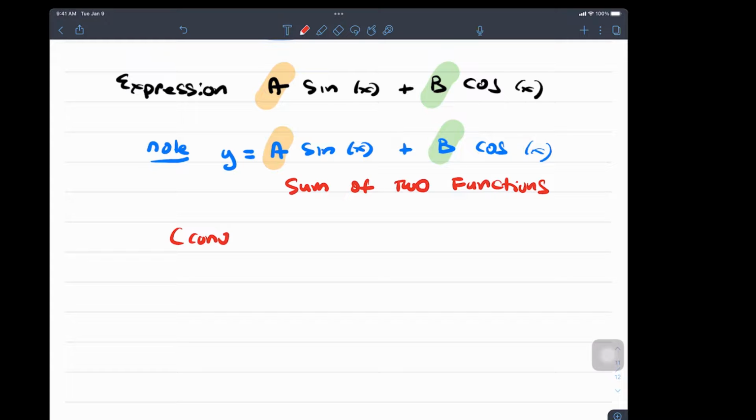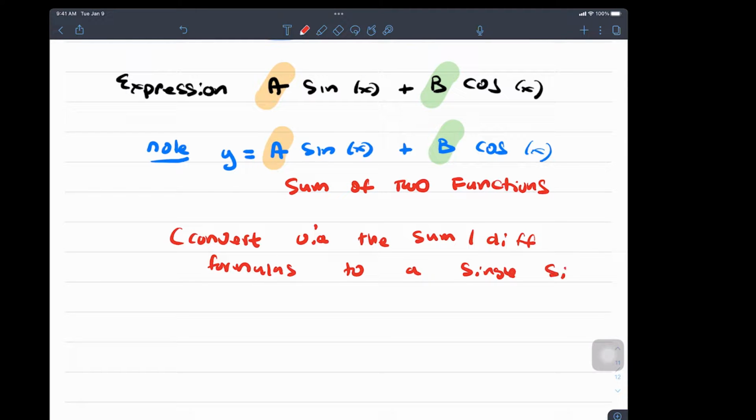You're going to convert it, via the sum and difference formulas, to a single sine.